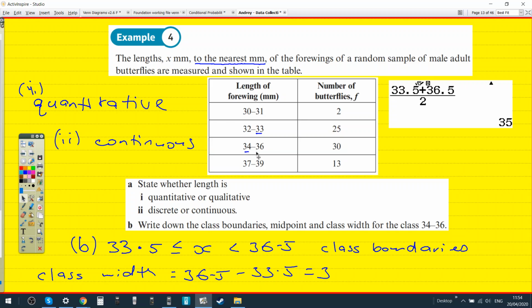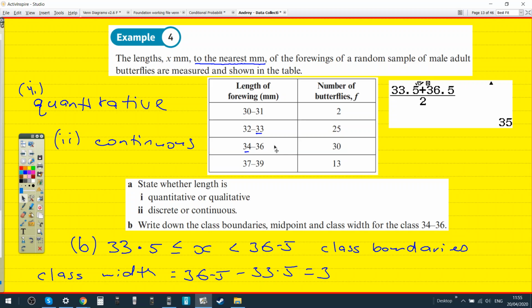They were 33.5 to 36.5. Why is that? I'm not sure. It's because there's a gap. Okay. So they rounded it to the nearest millimeter, 32 to 33, 34 to 36. So there's a gap. If it was 33.4, it would be in the second one. If it was 33.8, it would be in the third one.